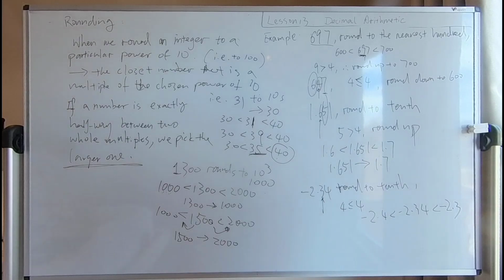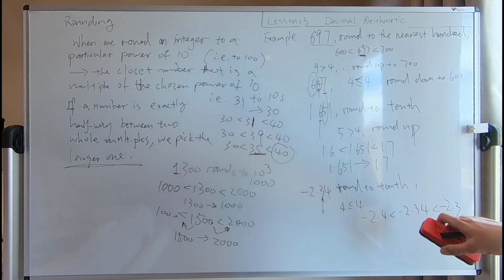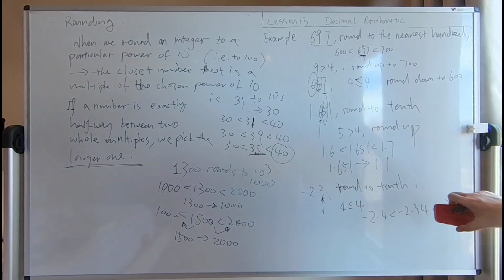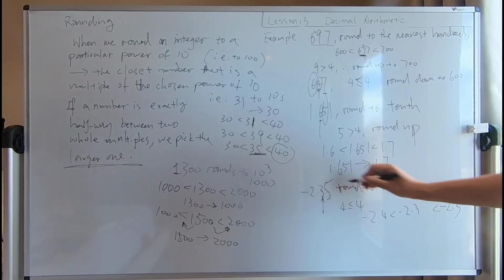So the larger number here, let's use 5 for example first, so it's 2.35.